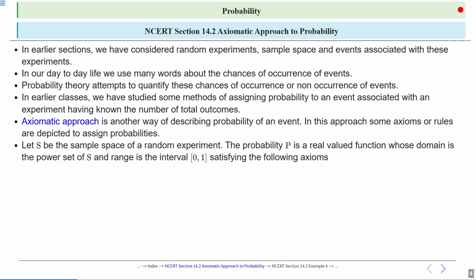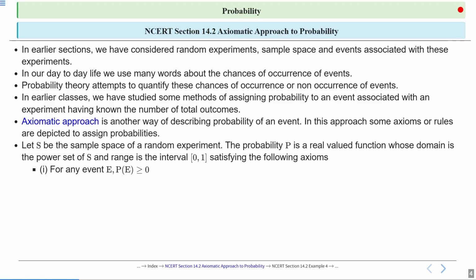Note down the first axiom. For any event E, probability of E is greater than or equal to 0. That means the probability of an event cannot be negative. It is always non-negative.